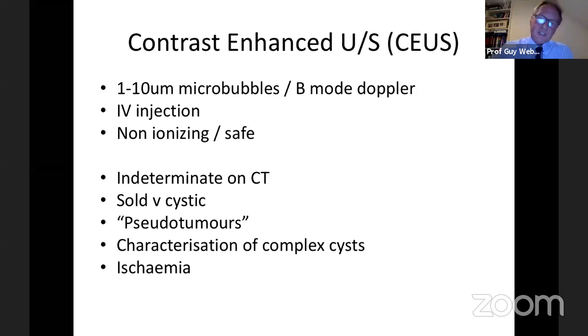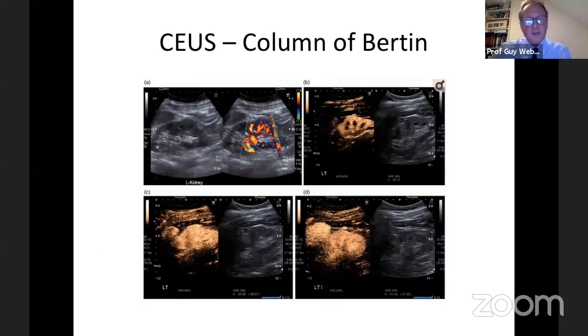it's good for showing solid or cystic tumours. It's good for pseudo tumours where the patient might have a hypertrophic column of Bertin, a dromedary hump, and for the characterization of complex cysts, as well as to show areas of lack of relative blood flow, of ischemia. And this shows some pictures. Top left, you've got a little bulge of the kidney in the left picture with a suspicion of it being a tumour.